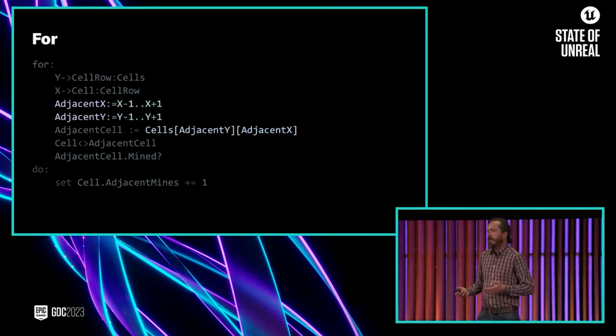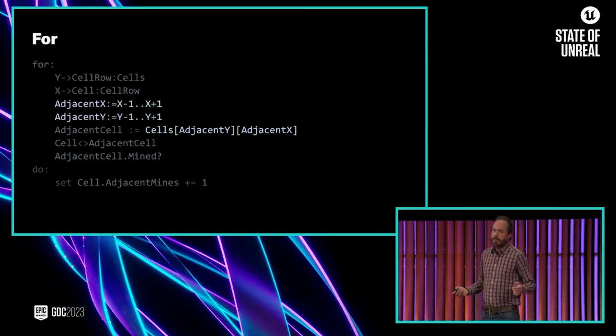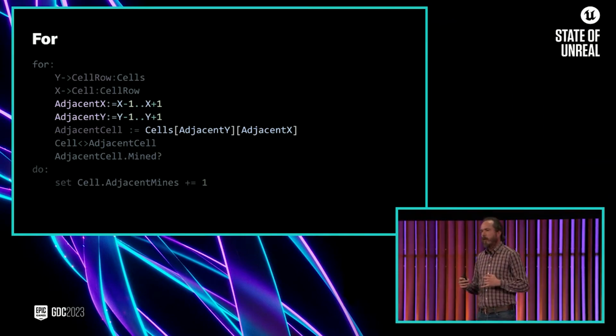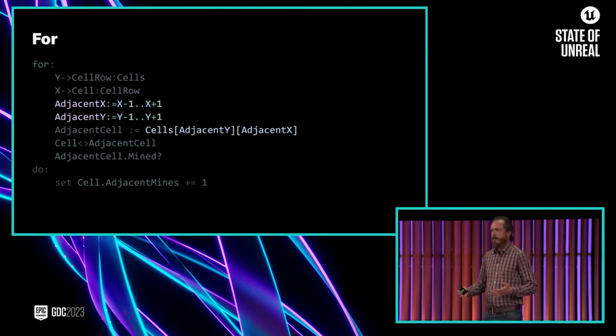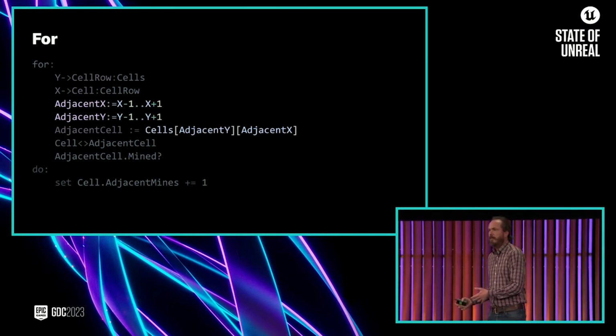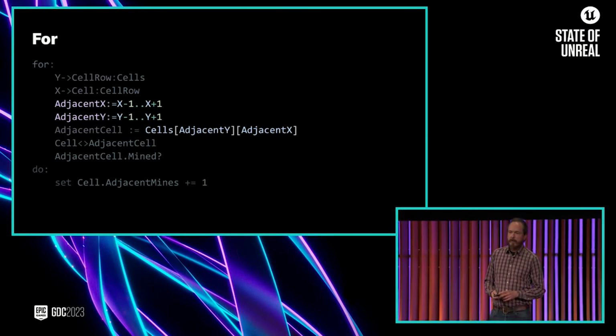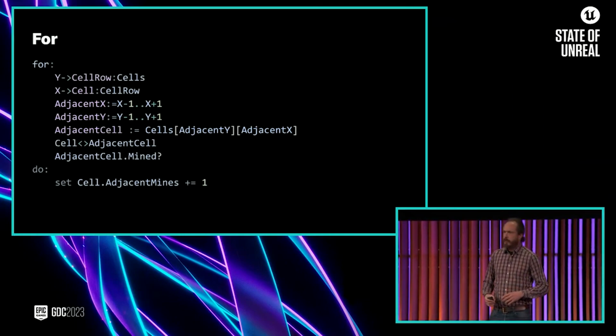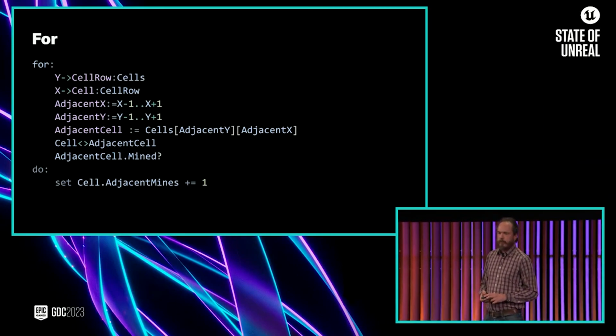Well, it fails if the indices are out of bounds. So because all of the things in the for loop clause are failable conditions, that if they fail, the loop just doesn't consider it, this means that the loop will automatically skip the out of bounds cases without you having to say anything about it. So that's how you write the Minesweeper setup in Verse, just in a single loop without having to use any crazy nesting, thanks to Verse's functional logic power.